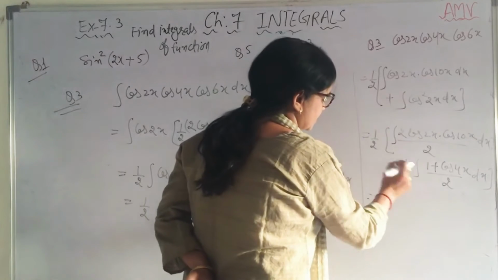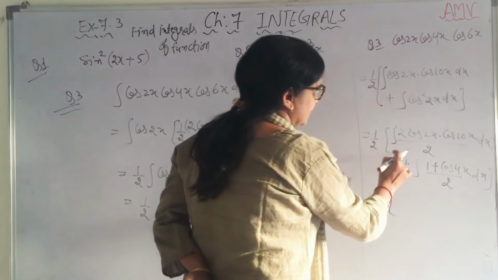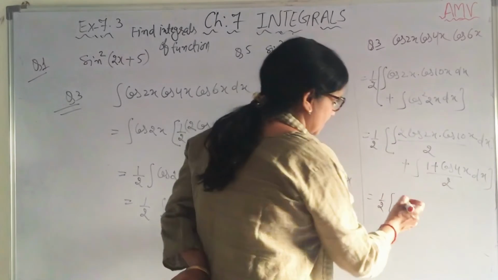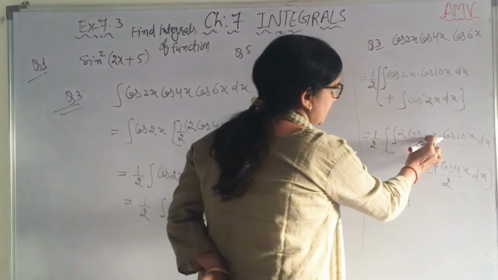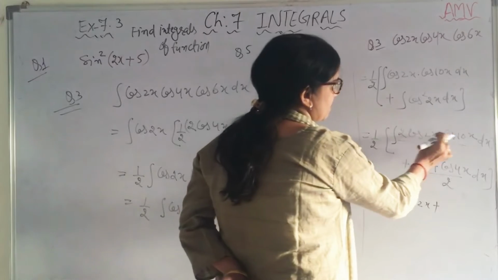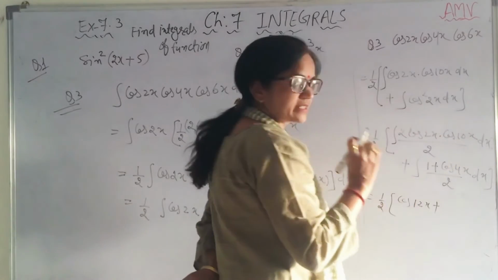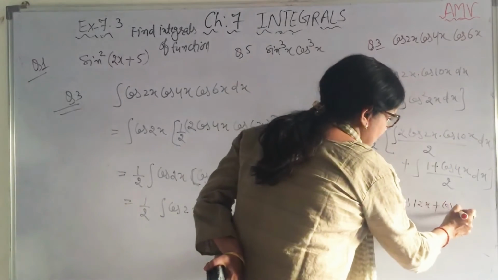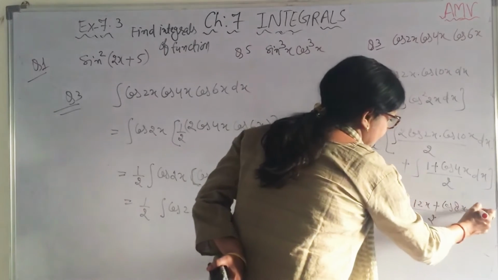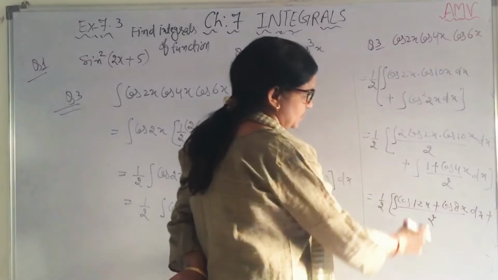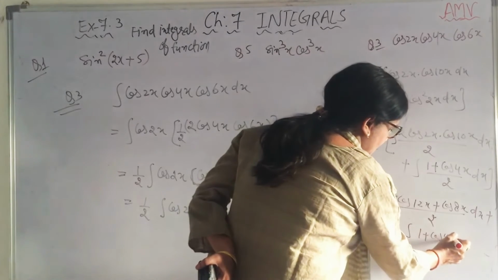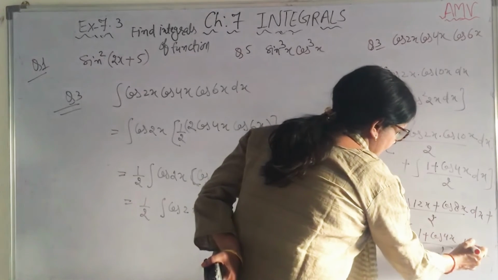Here students, it's 1 by 2, write as it is, and here apply the identity 2 cos a cos b: cos (a plus b), which means cos 12x, plus cos (a minus b), which means 2x minus 10x, it is cos 8x, and write dx as it is. Then plus, here it is 1 plus cos 4x by 2 dx.